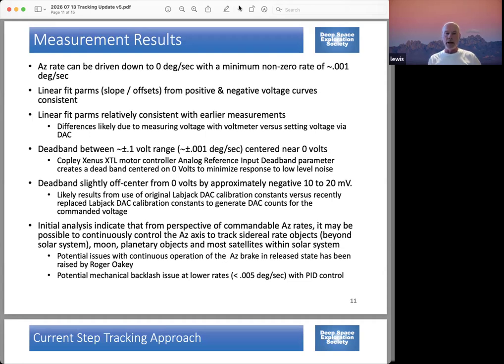And it appears, based on this, being able to command down to 1,000th degree per second, you should be able to use that to track continuously on extrasolar objects, moon, planetary objects, satellites within the solar system, basically all the types of objects that we try to look at with the system.